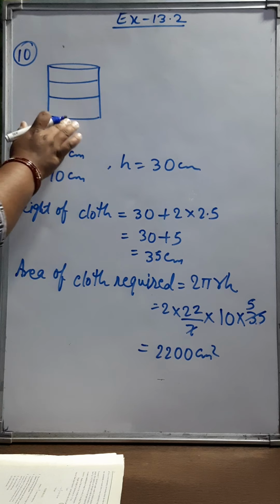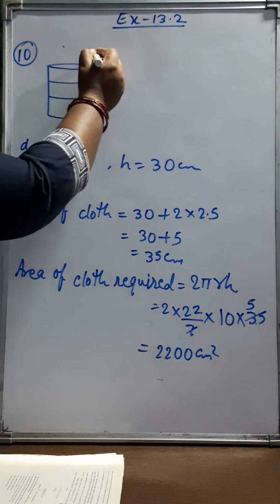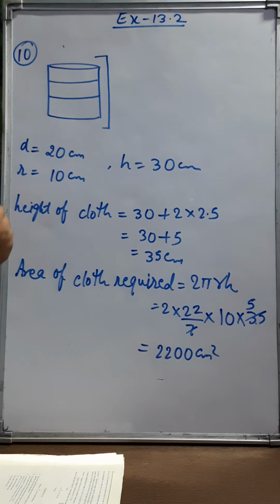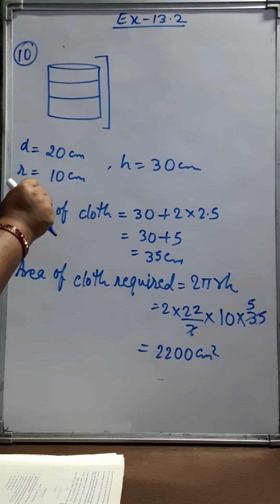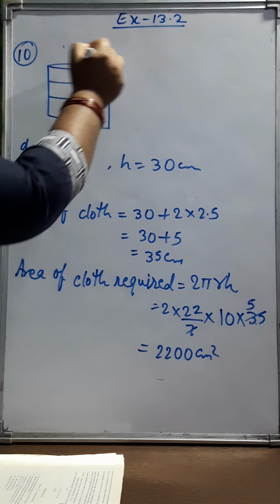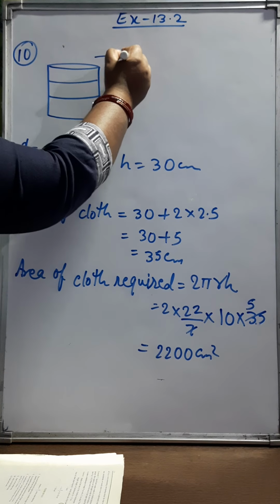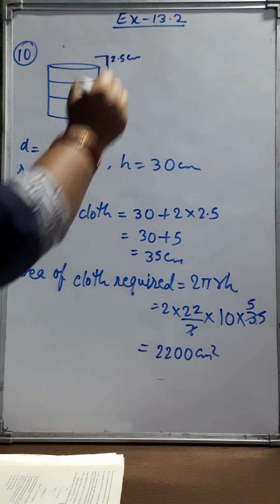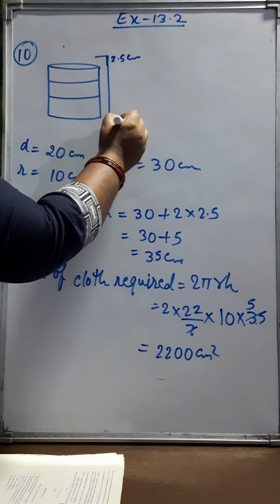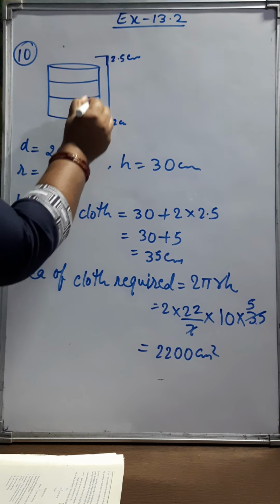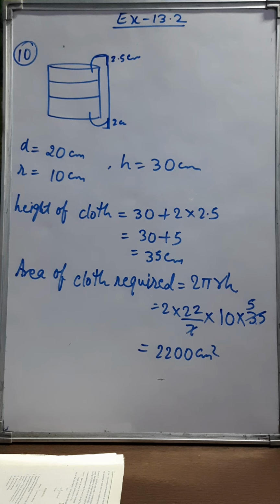You can see a lampshade is given to you. If we are taking a cloth which is of height 30 cm, we will not get any margin for covering it. So we have to leave 2.5 cm cloth at the top also and at the bottom also, so that this portion can get inside the lampshade and it will cover the lampshade completely.